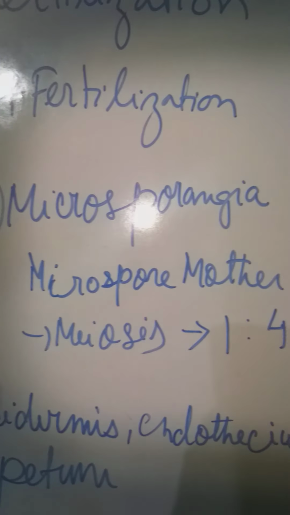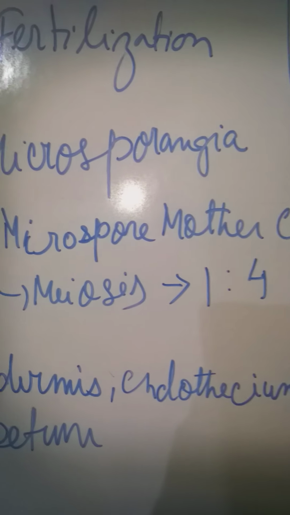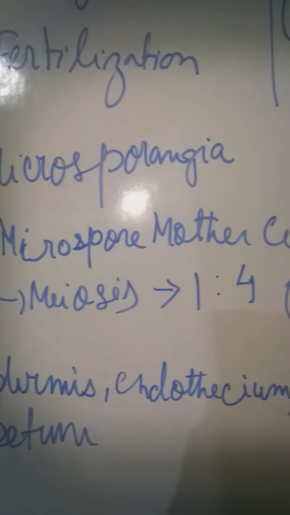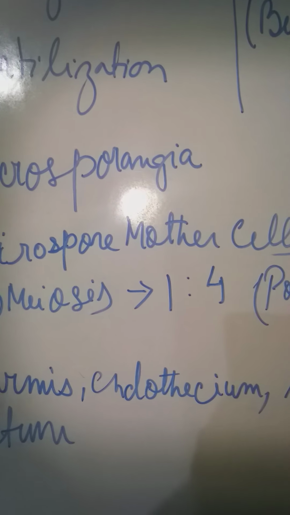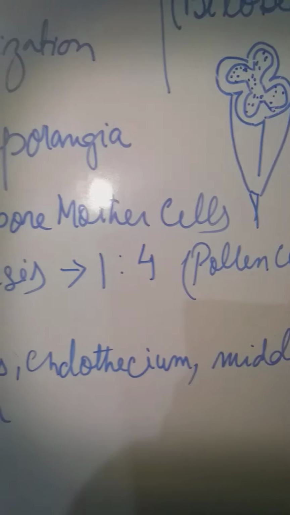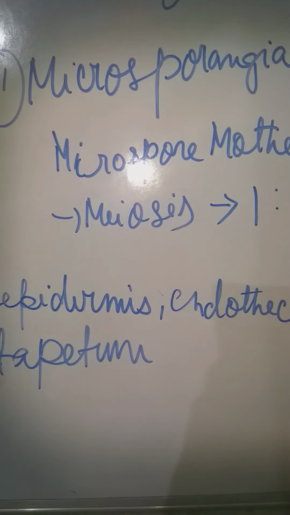Now we have microsporangia, that is also known as the microspore mother cells, that divide by the process of meiosis in the ratio 1:4. That means one cell produces 4, that means a tetrad. Those are actually the pollen cells, they are haploid. And if we take the sporogenous cell, we have 4 layers.